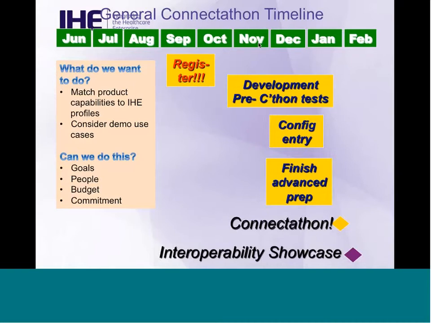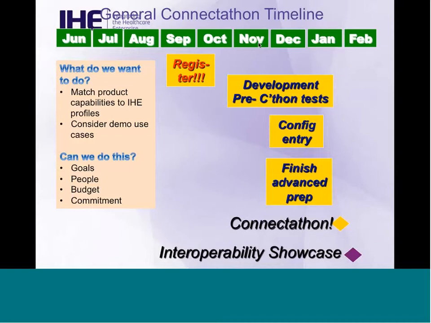That's not the kind of event that we have. I put the registration box in red font on purpose because when you register, you select the IHE profiles and actors that reflect the abilities of your product from an IHE point of view, and those selections during registration drive the entire process through the fall and into the Connectathon.